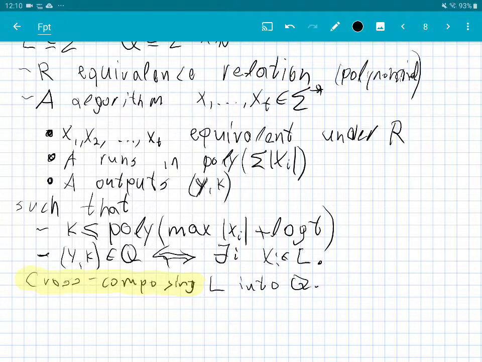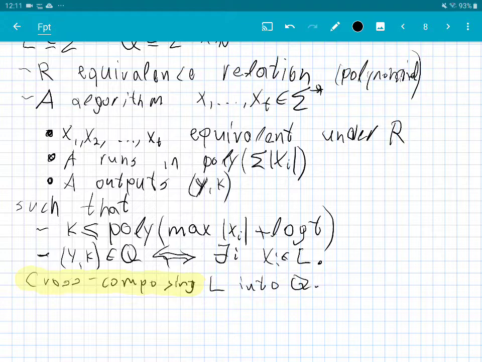So what does cross-composability really mean? Intuitively, this is the inverse of compression in some sense, or in fact another type of compression.